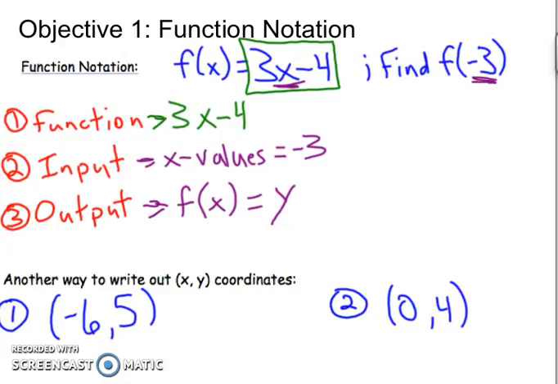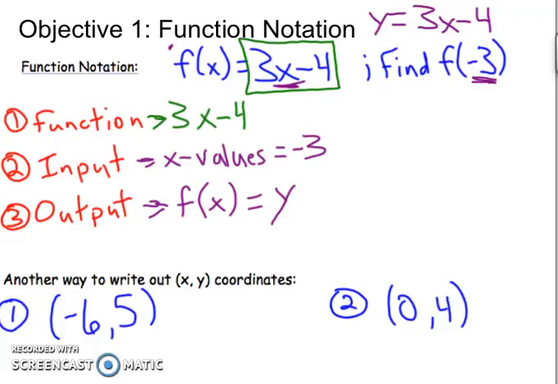So again, input is x values, x-axis, output is y values, y-axis. And it's very important to notice that anytime the function is written as f of x equals 3x minus 4, it can also be written as, I'll put it up here, y equals 3x minus 4, where x is the input, y is the output.